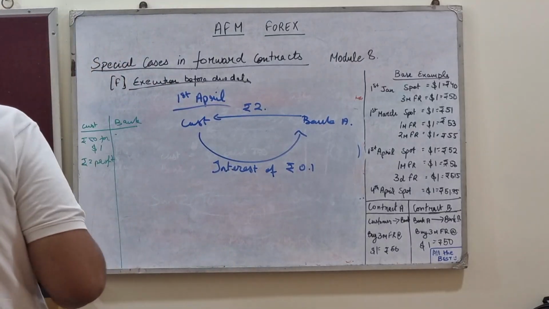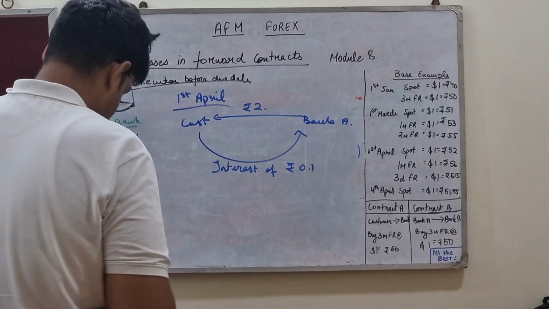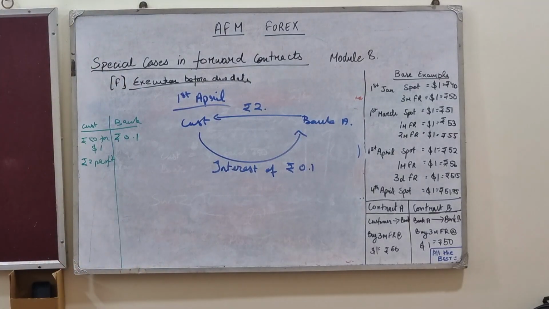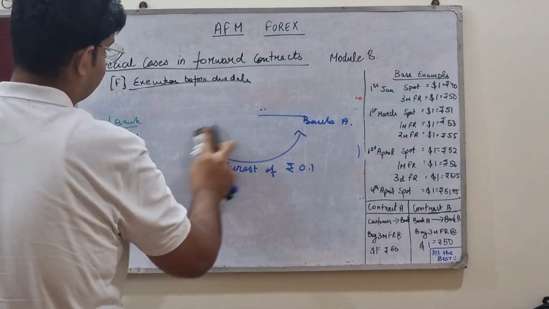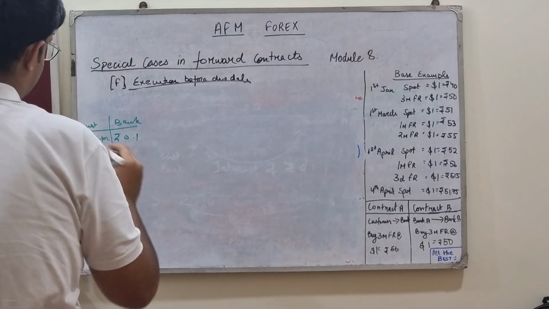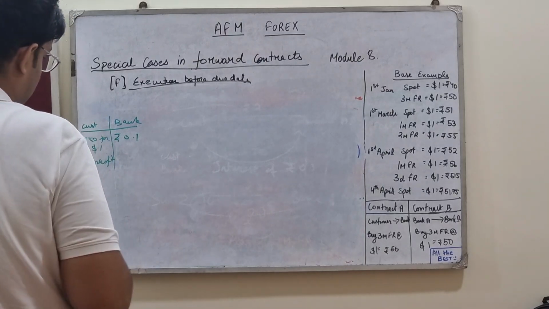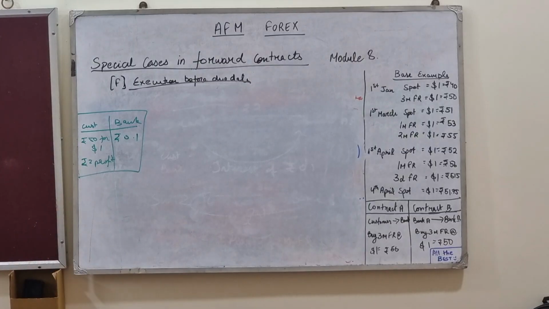So the bank now gets rupees 0.1. Alright, so please remember this. That is important. Now I'm gonna explain everything to you. Okay, here's the logic.